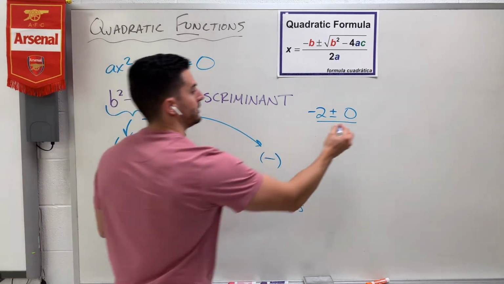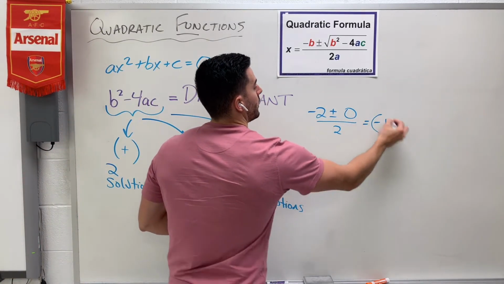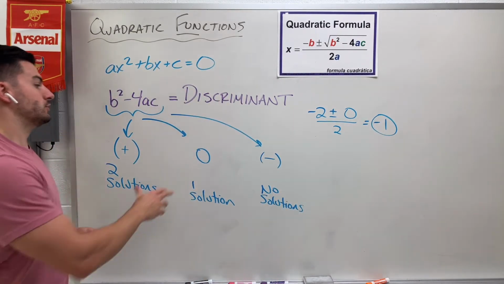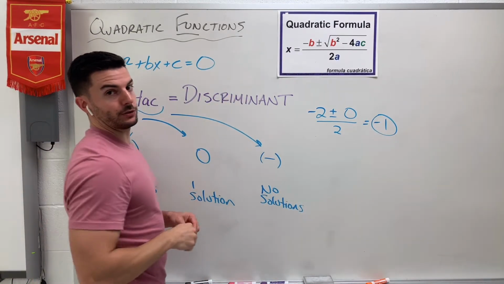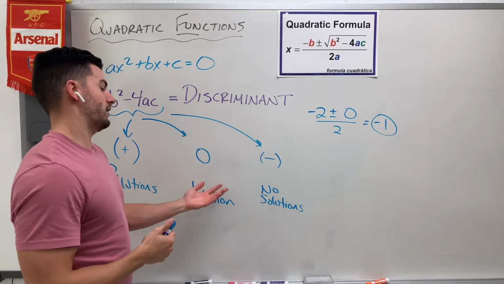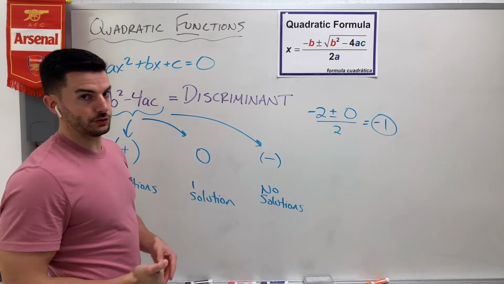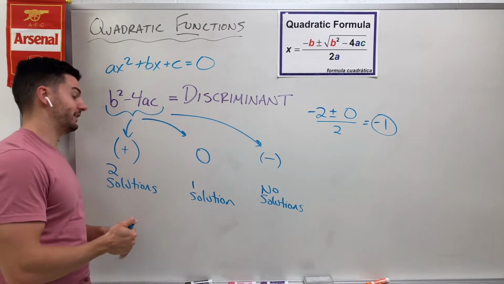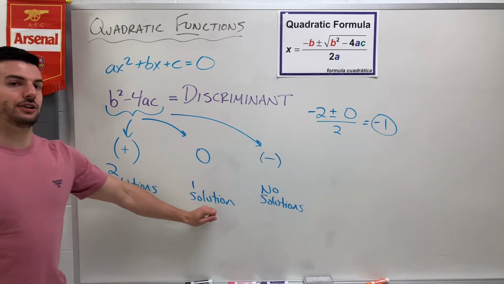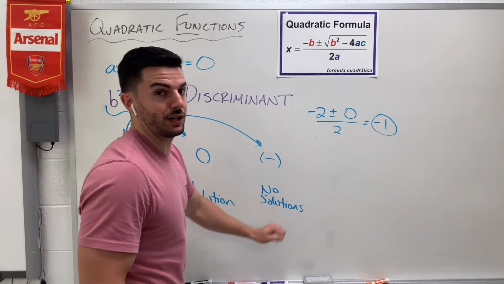So in this instance, there would just be a single answer of negative 1, and that's it. So if that discriminant, or if that square root ends up equaling 0, then there would just be one solution. That happens sometimes. Again, this is the most common. This happens sometimes. And then this also happens sometimes.